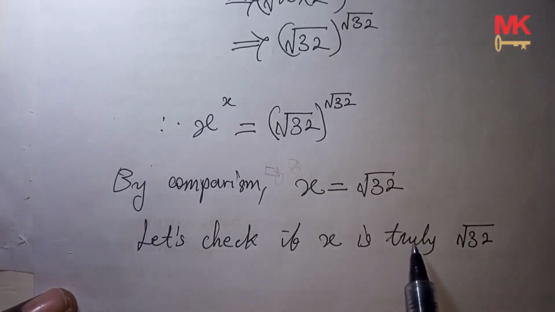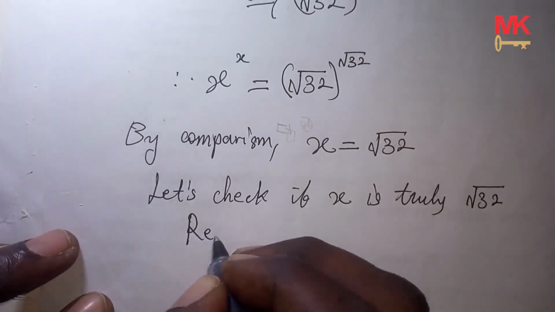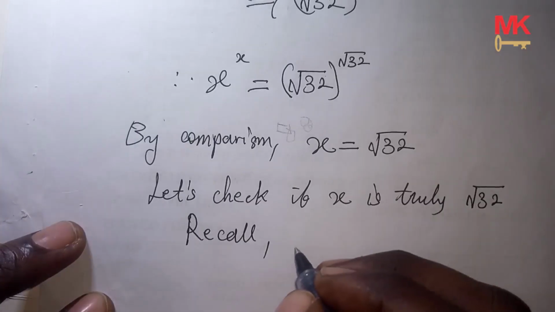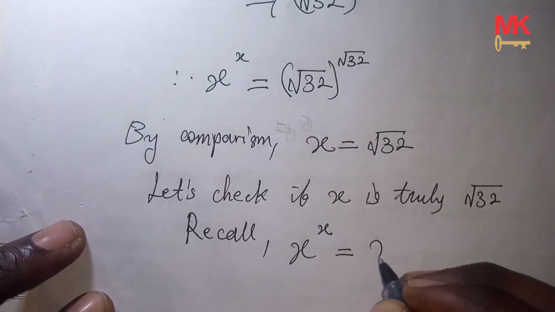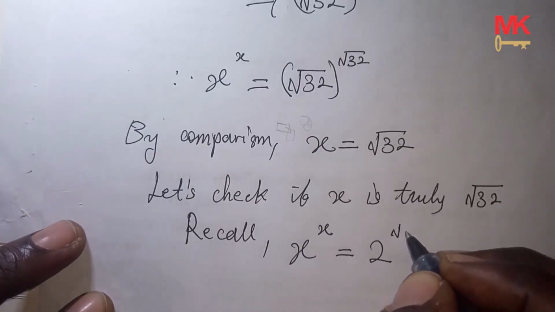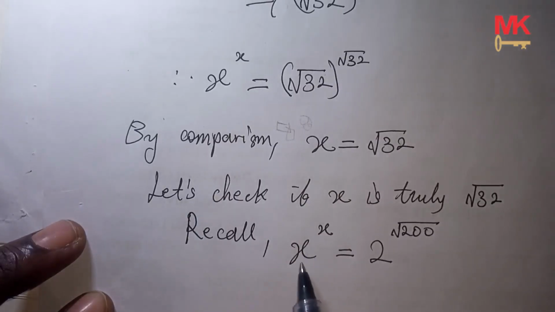We want to verify this. Let's recall that x raised to power x is equal to 2 raised to the power of root 200. This is the original question.